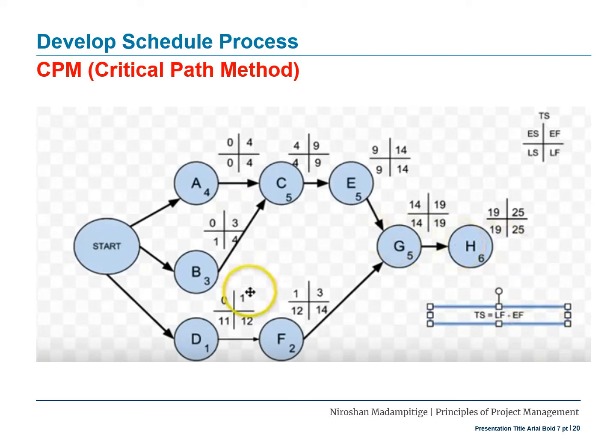late start, late finish. So you see a legend on the right side. On top of each node, on top of these 4 calculations, you need to put something called total slack, which is also known as total float.